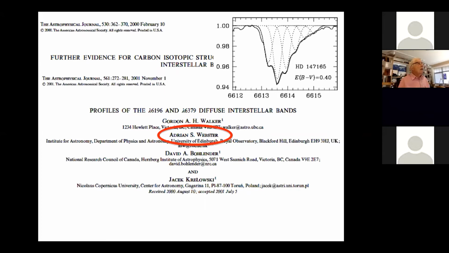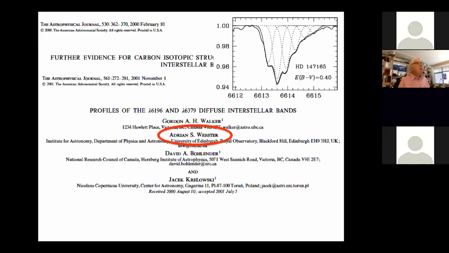And Adrian also looked at the profiles of some of the narrowest of the diffuse interstellar bands and attempted to develop models using TOPS.